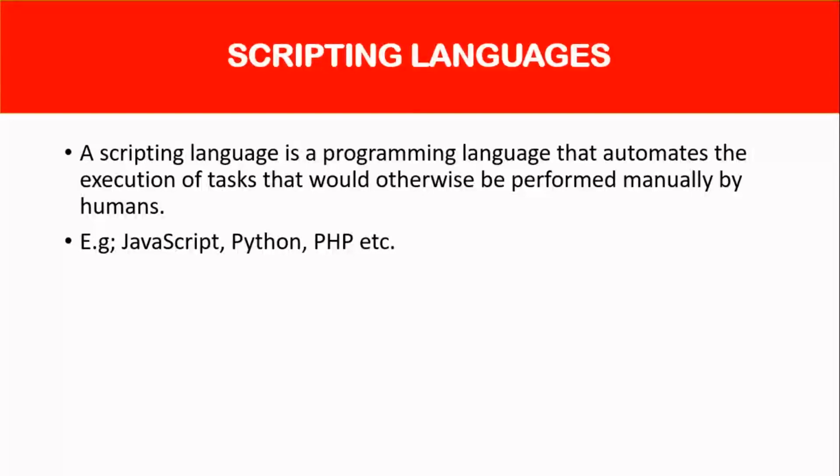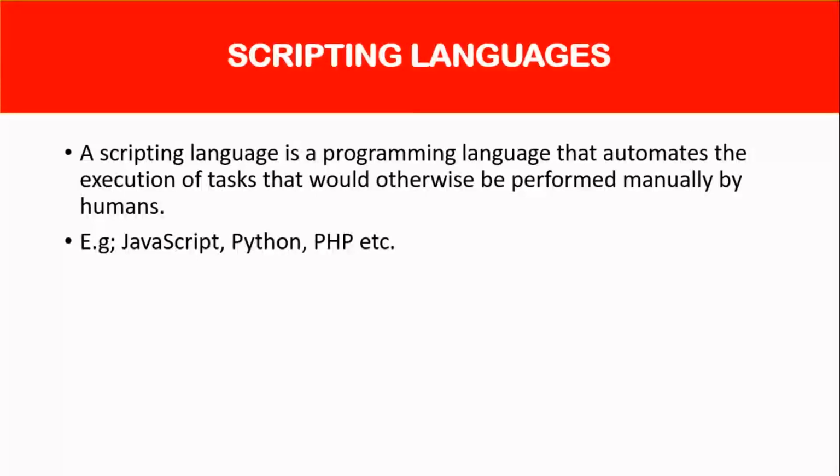We only need to create just one page and we use it to execute the task for 1 million persons. We use it to serve 1 million persons and display to them 1 million different results at the same time. So you see that scripting languages save us a lot of time, energy, and resources.